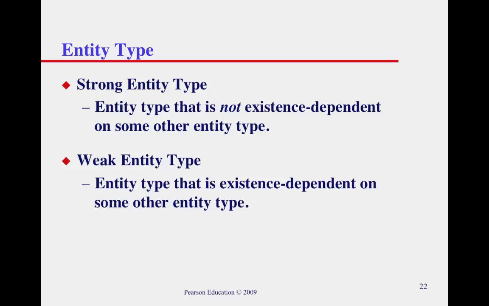Okay, so now we're moving back to entity types. I'm kind of following what the book did, and I'm not going to be making a big point of this, but there are strong entity types and weak entity types. Strong entity types do not depend on the existence of some other entity type.